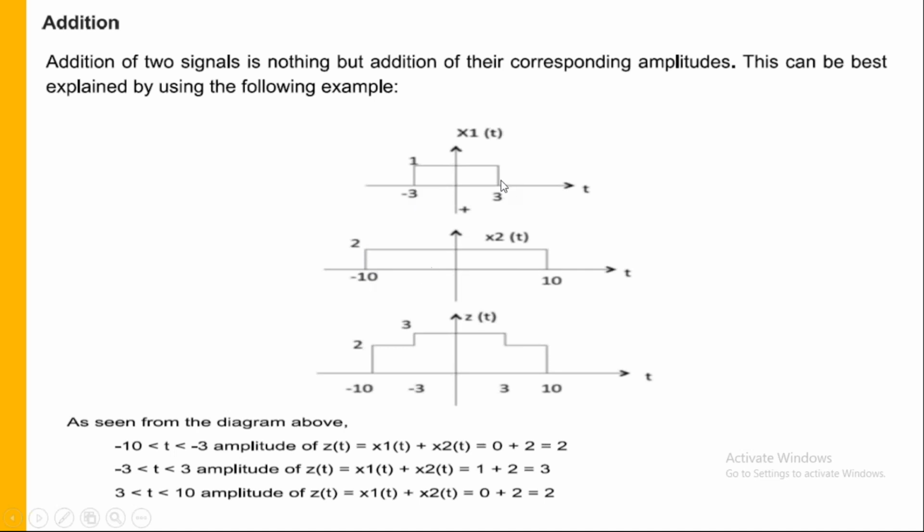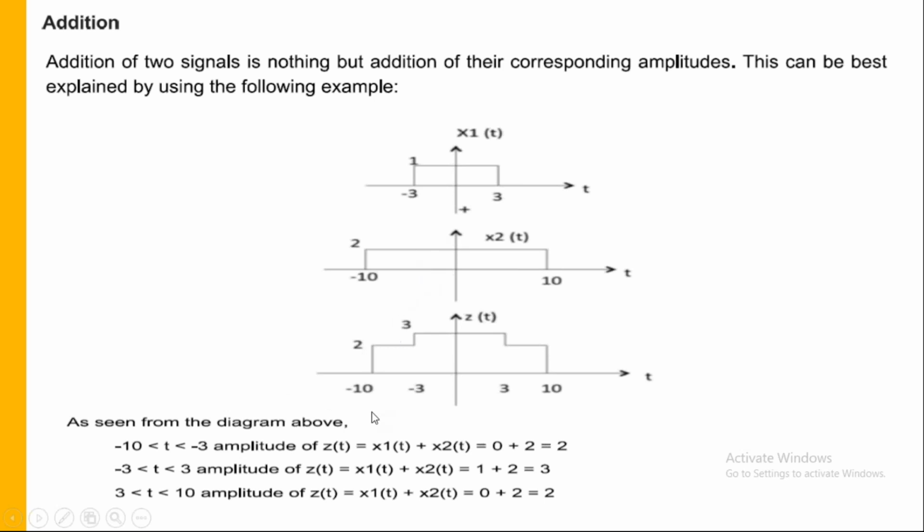You just draw a dotted line from -3 to 3 here. From -10 to -3, you don't have x1 of t, but you have x2 of t, so the amplitude from -10 to -3 is 2. You can plot the graph from -10 to -3 with an amplitude of 2. Then from -3 to 3, the amplitude is 1 for x1 of t and 2 for x2 of t.